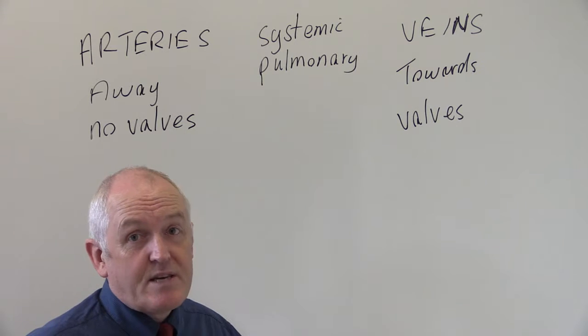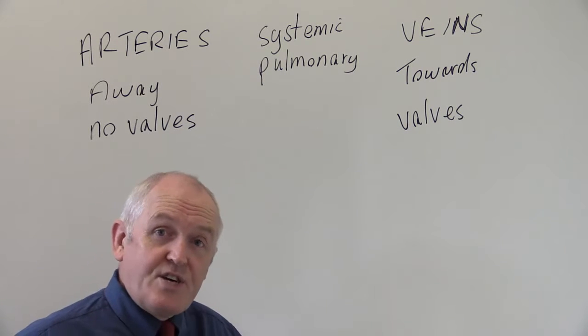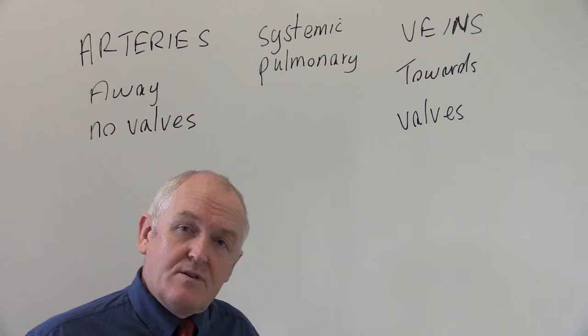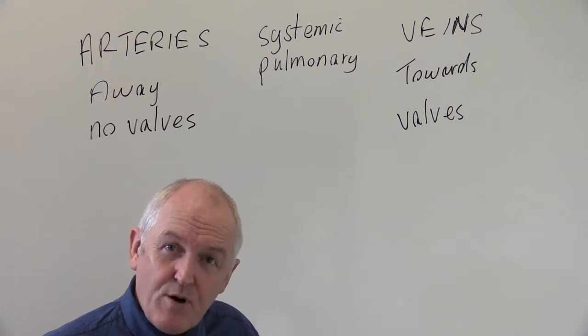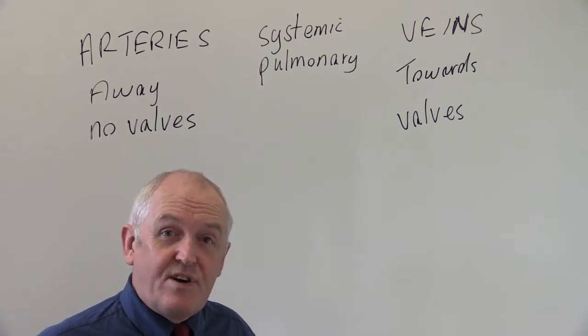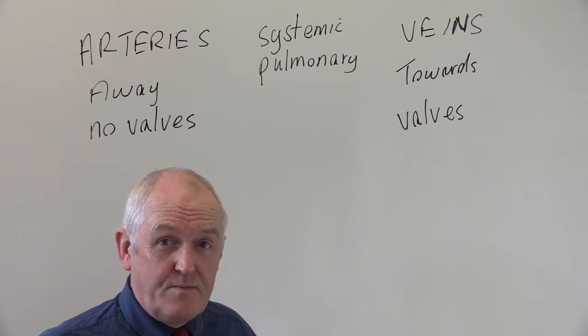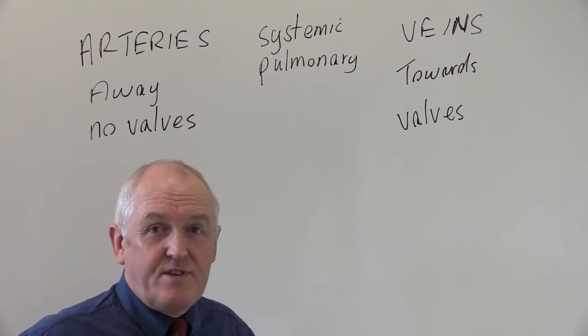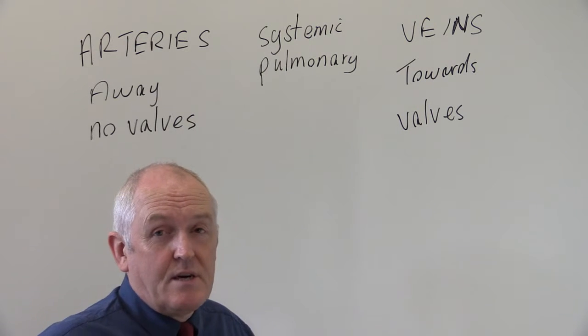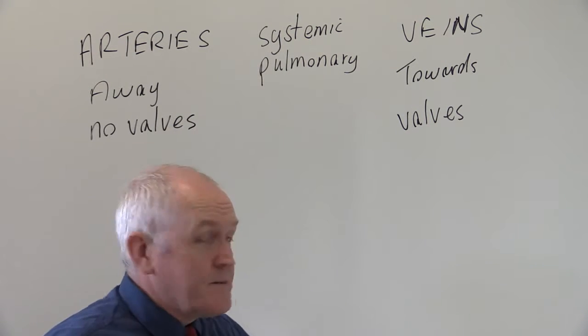In the case of the systemic circulation, under the pressure generated by the left ventricle. In the case of the pulmonary circulation, under the pressure generated by the right ventricle. But the veins don't have this luxury because they're carrying blood back towards the heart.